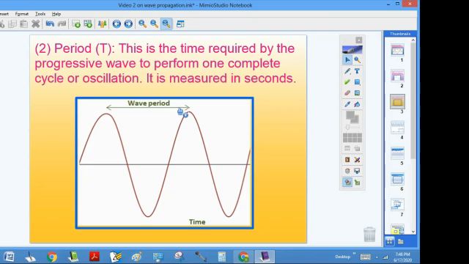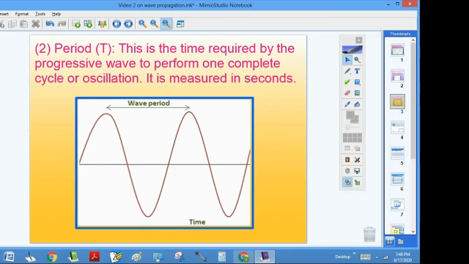The time taken to complete one period, from crest to crest or from trough to trough, shows that one complete cycle has been completed, and it is a time function. So that is what period is, measured in seconds.